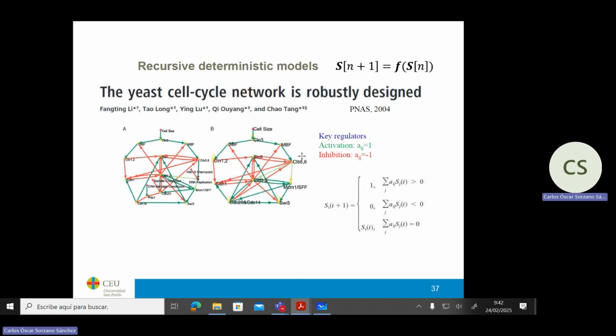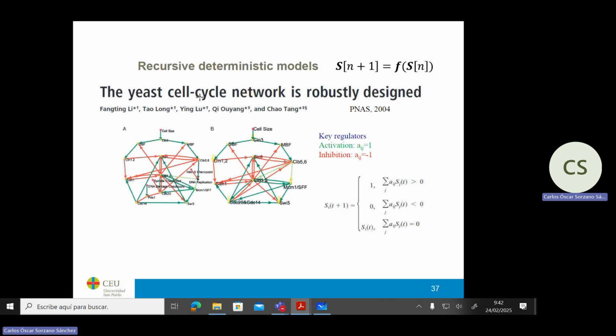Then another family of models are these recursive deterministic models. Recursive deterministic means you have some state, and then the next state will be a function of that state. Here, for instance, the paper was analyzing the yeast cell cycle.